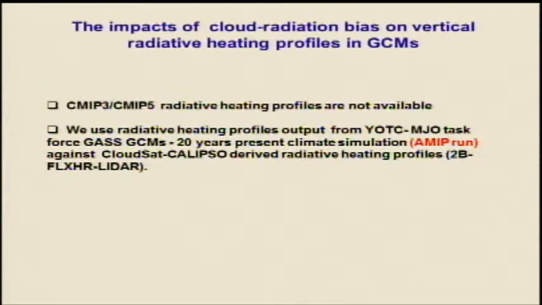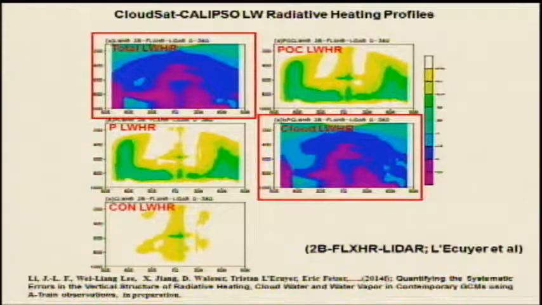We are going to use this to indirectly verify the SAM3 and SAM5 models, the dynamic or water vapor bias, to see if this is related to what we are facing. Okay, so this is CloudSat. I think this is the CloudSat longwave radiative heating. This is the total longwave heating rate that we have, a 4-year climatology.